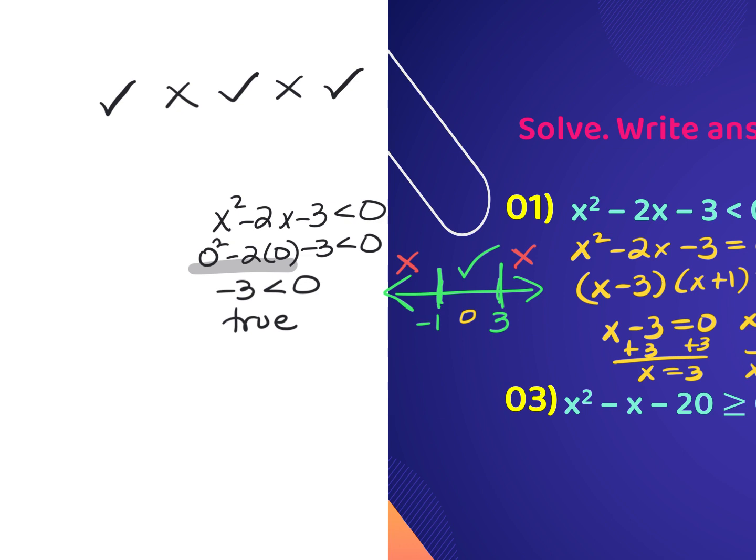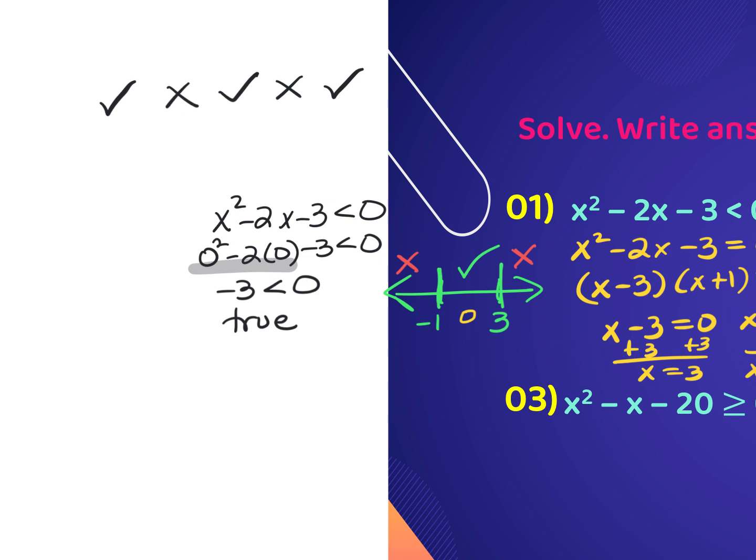But just know that when you solve a quadratic inequality, it'll always be the same pattern. So you only have to pick one section to do a test point, and I picked 0, and that 0 worked. It gave me a true statement. So this section here that had the 0 is where my answer occurs.